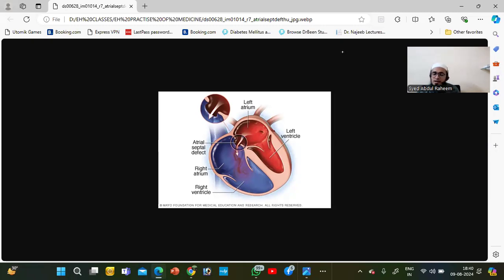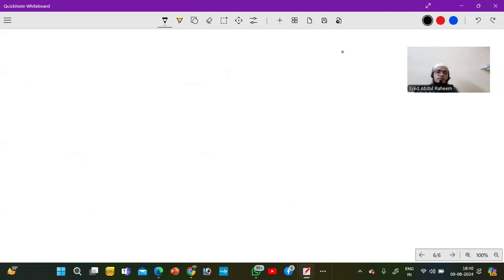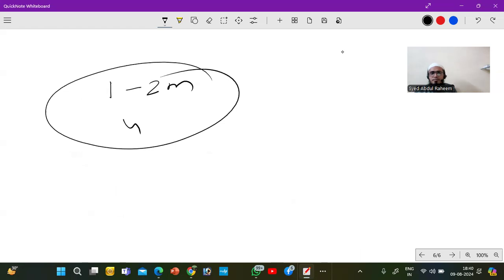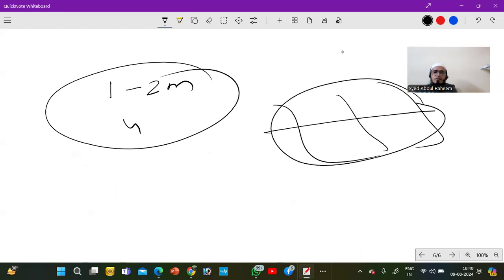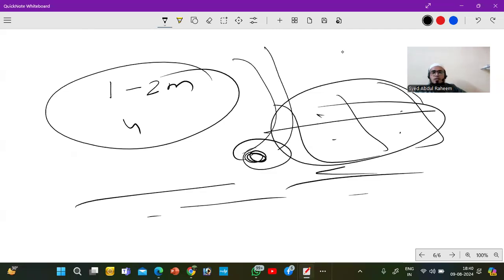If it is mild, mostly they will see the diameter. So if it is normal, 1 mm, 2 mm, 3 mm, 4 mm. Actually, what will happen? Initially the baby will get the blood from the umbilical cord, and it will supply to the whole body.